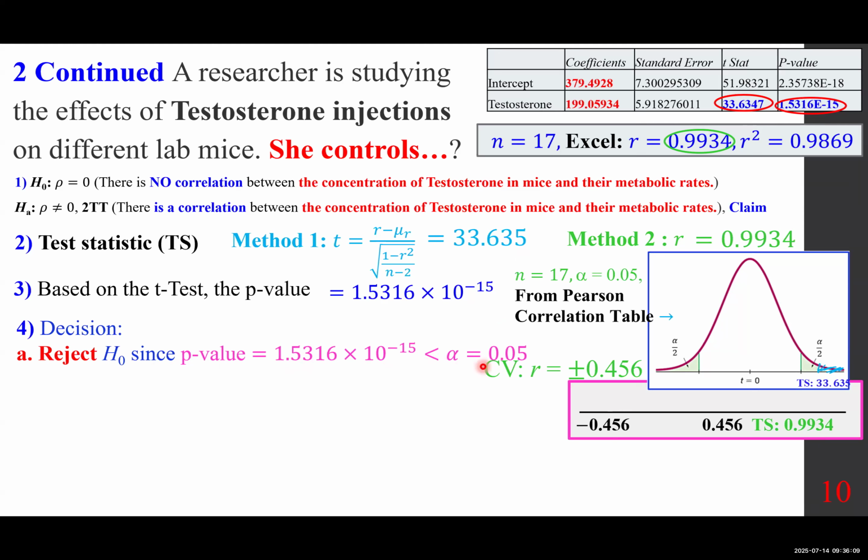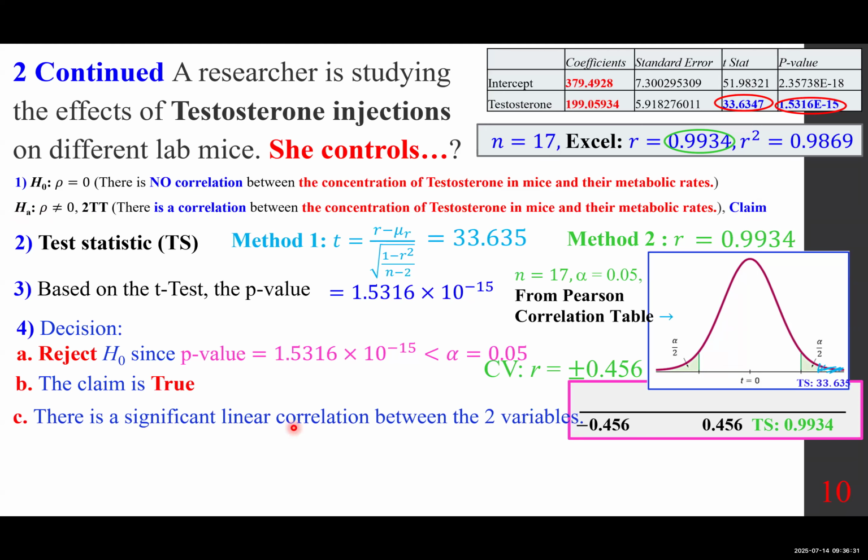When we are rejecting H0, that means we are accepting HA, H sub A or H sub 1, which is the alternative. So the claim becomes true. And then we write, there is a significant linear correlation between the two variables, namely the concentration of the testosterone and the metabolic rate.